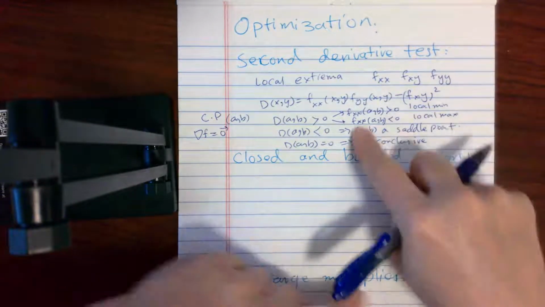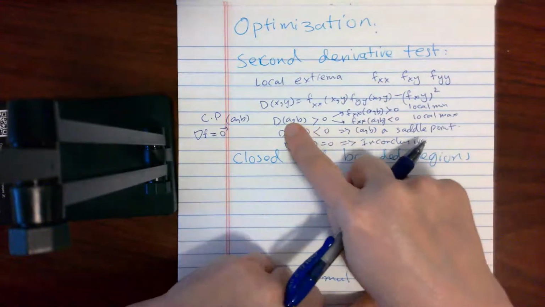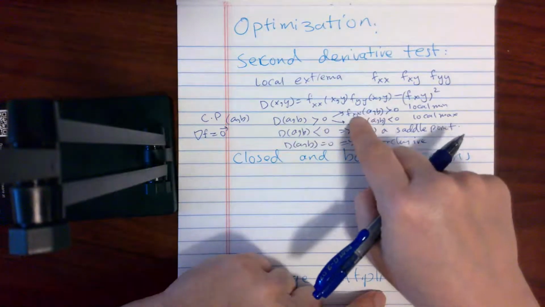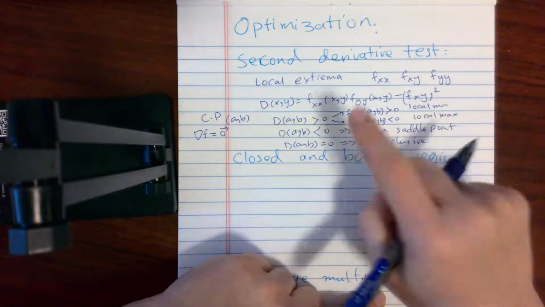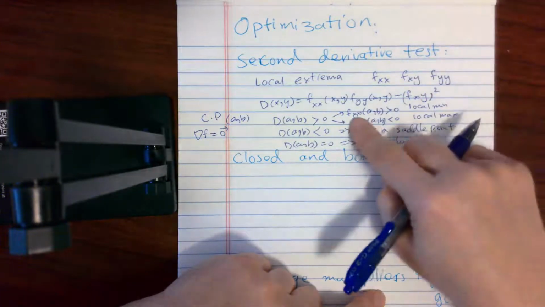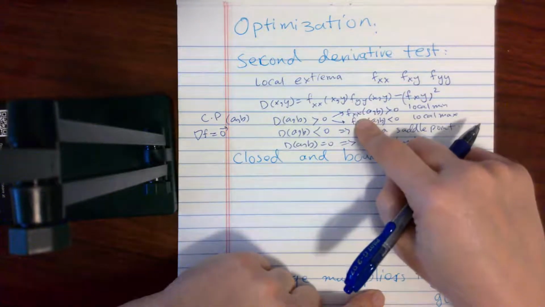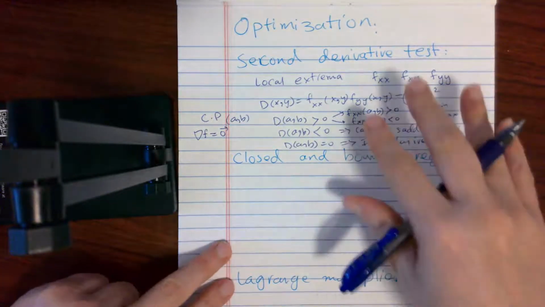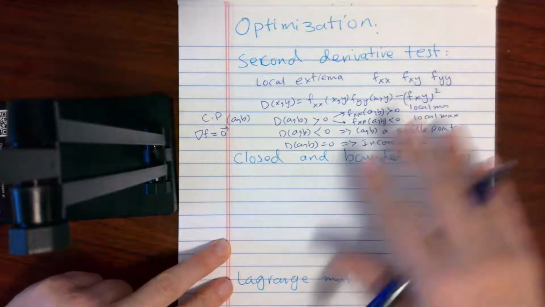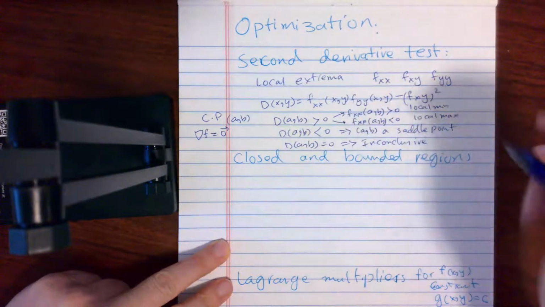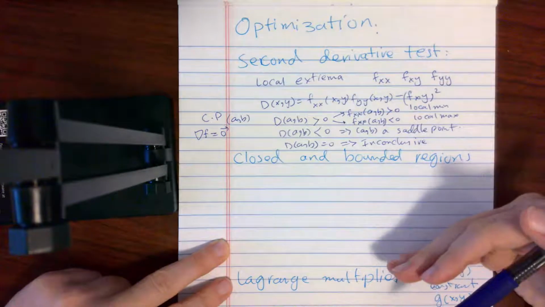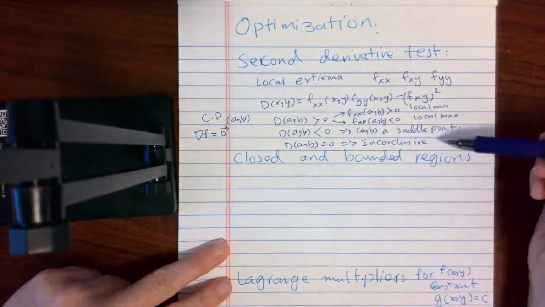Again, we discussed that if the discriminant is bigger than 0, then the signs of f sub xx and f sub yy have to be the same. So you just check one of them, you don't check both, and that's the way that it goes. This is just for finding the local min, local max, or a saddle point.